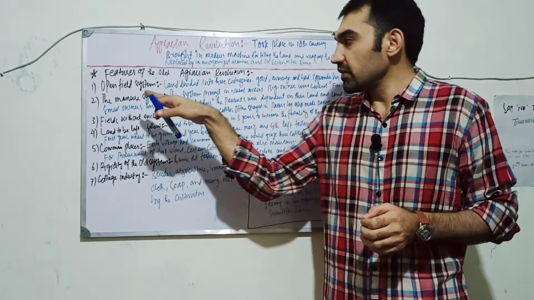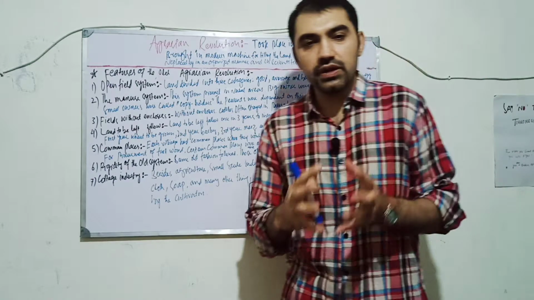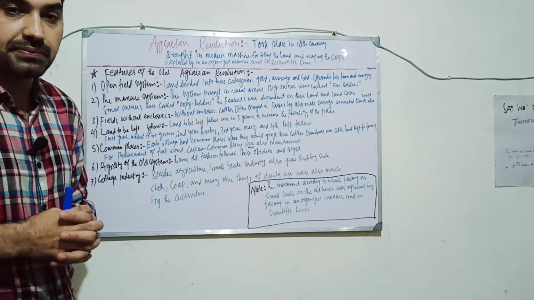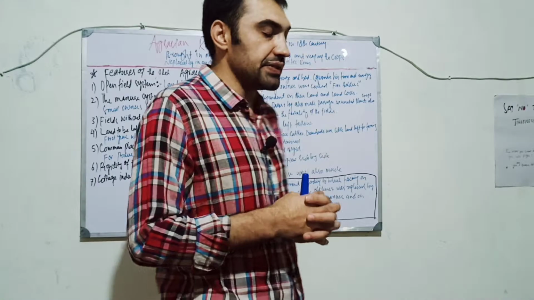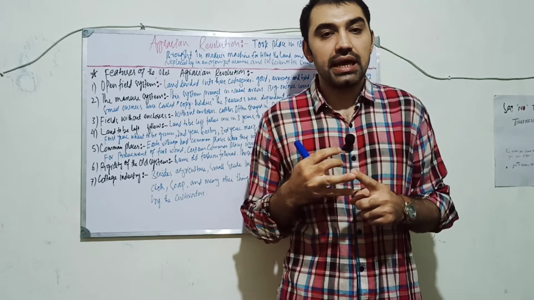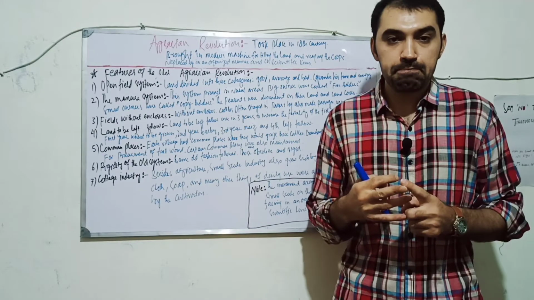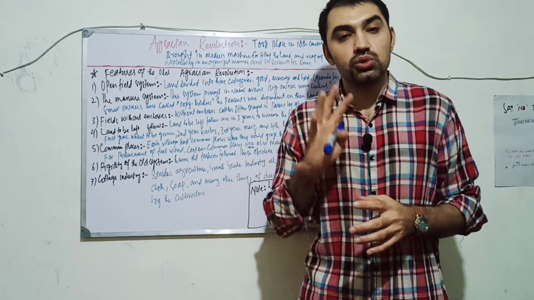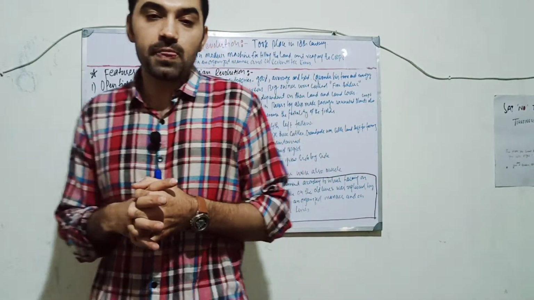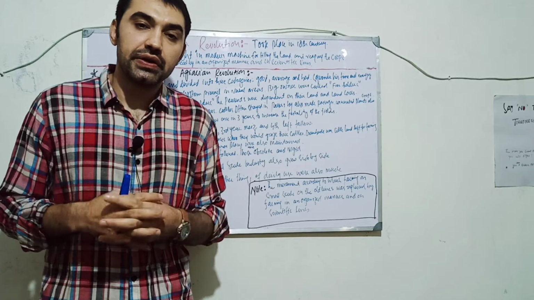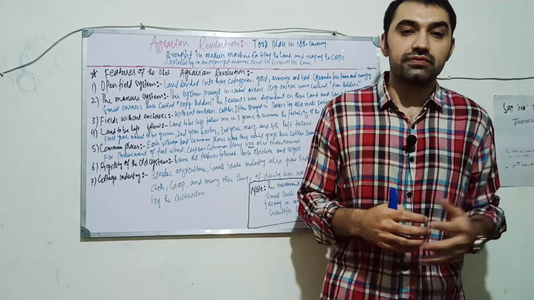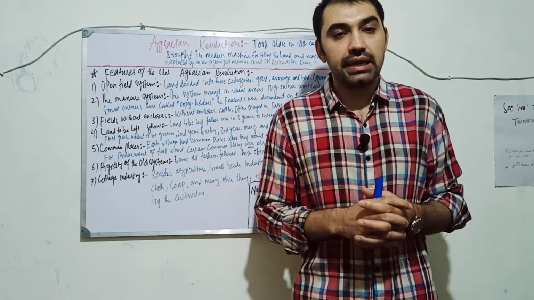So the open field system. In the open field system, the land was divided into three categories: good land, average land, and bad land. The farmers would waste their energy coming in and going out of the good land.